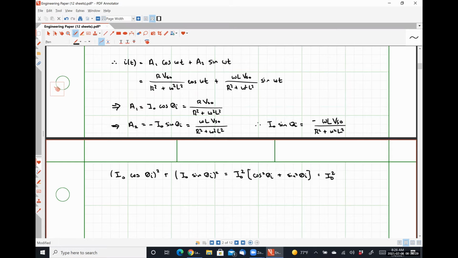So from this, I can see that I naught squared is effectively just A1 squared plus A2 squared.